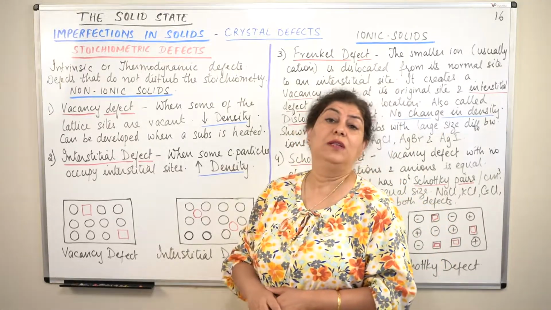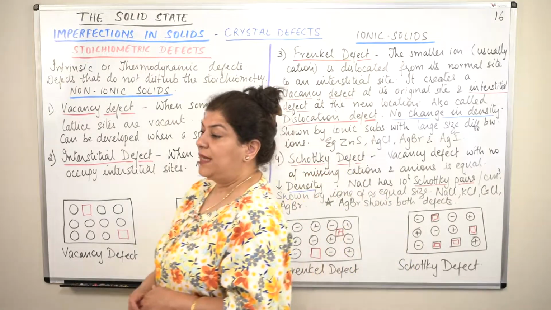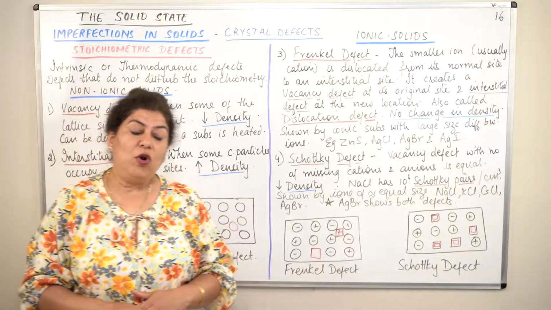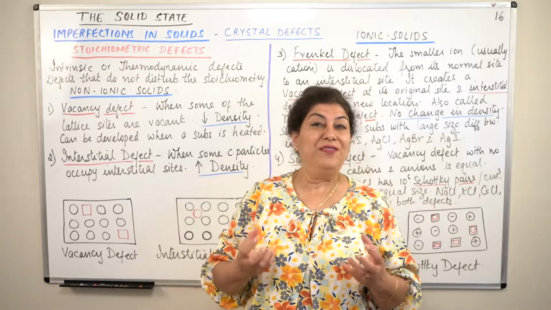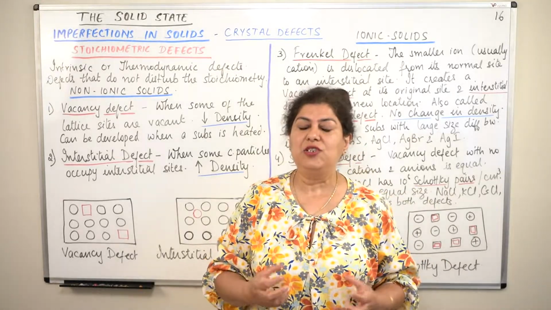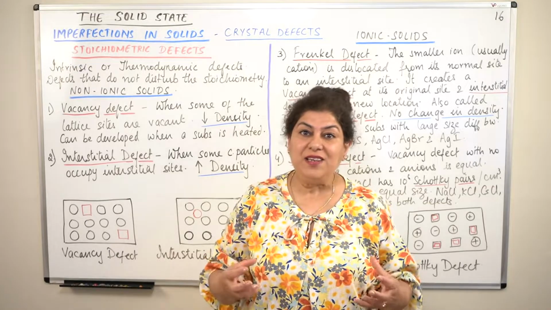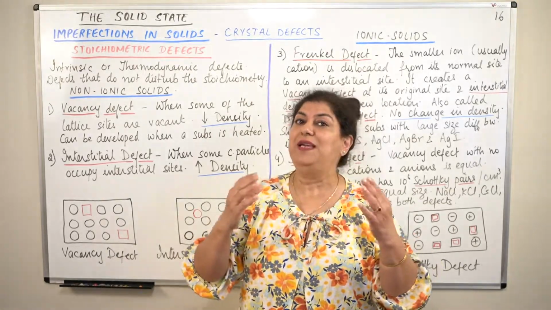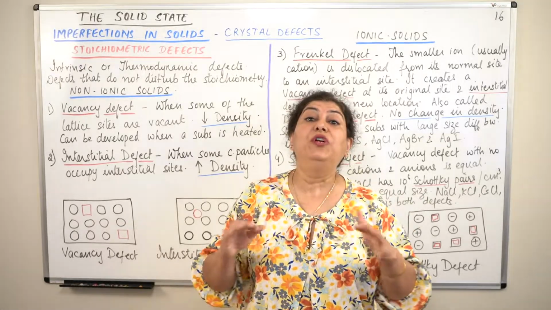They are also called thermodynamic defects. The reason is that according to the third law of thermodynamics, a pure or perfect solid, an absolutely ideal solid, can only exist at 0 Kelvin. At higher temperatures, there will always be more entropy, and when there is more entropy, there will be more disorder.